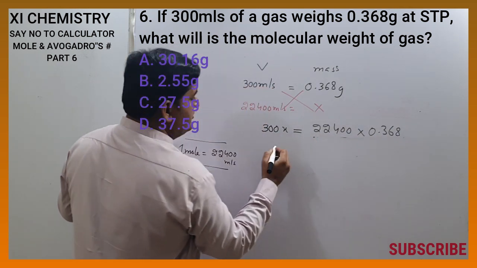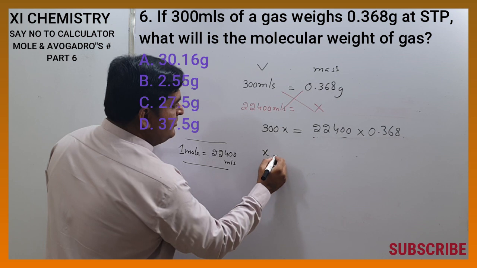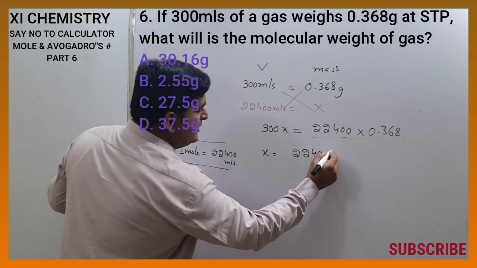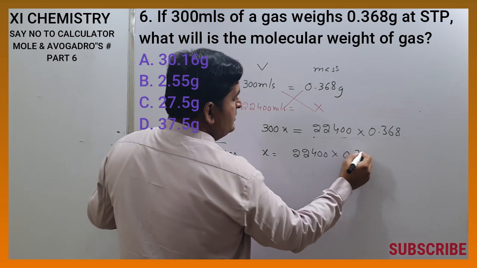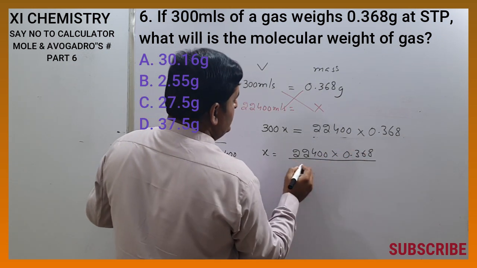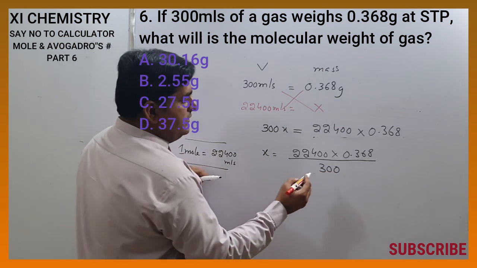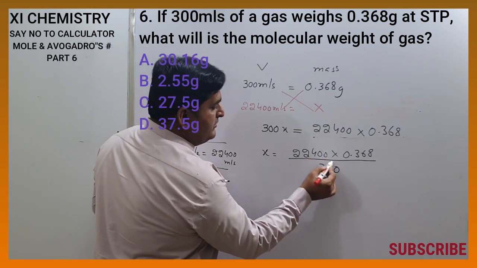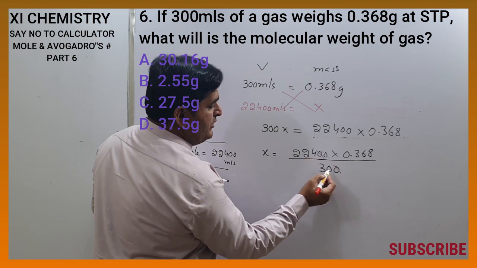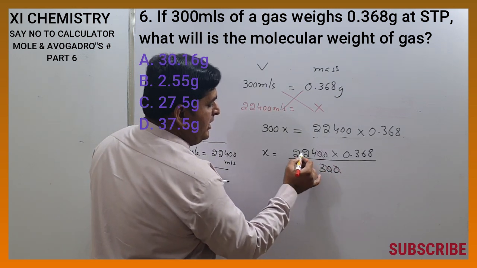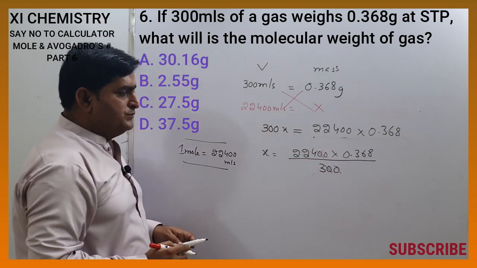So the next step is x is equal to 22,400 into 0.368 divided by 300. First of all, we have to omit these zeros, 1 zero from here, 1 zero from here, 1 zero from here, 1 zero from here. Now it became 3 and it became 224.